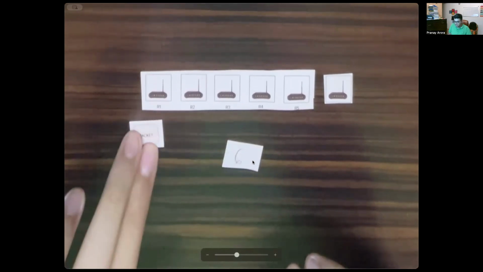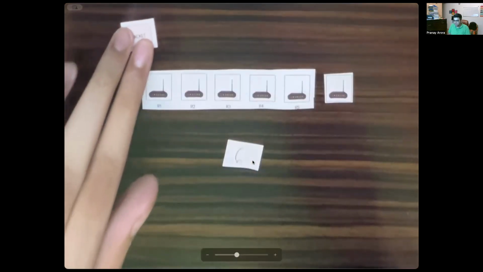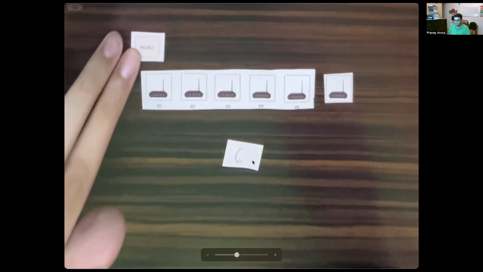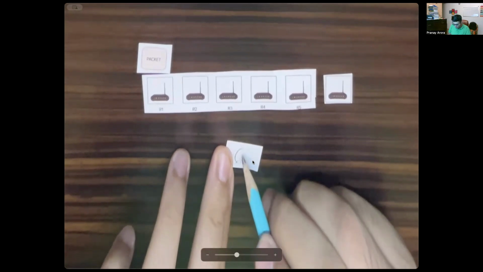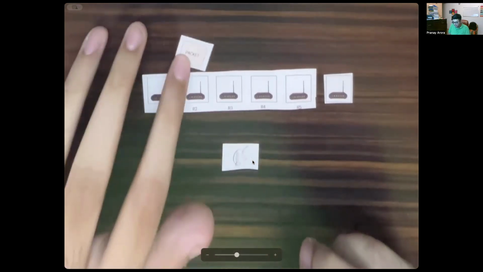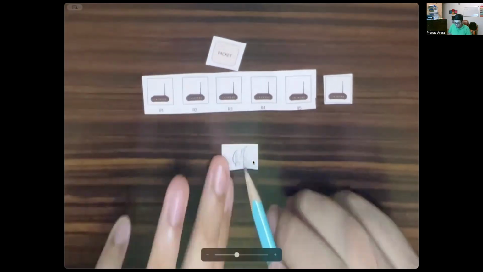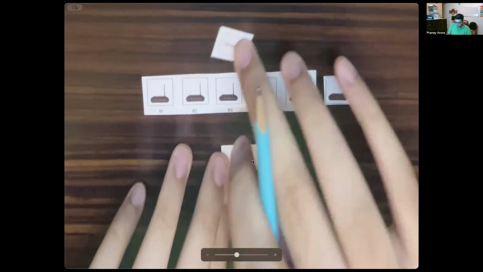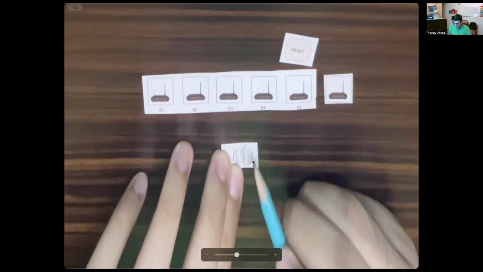But suppose this packet is lost and it is going through random routers. As soon as it reaches a router, I will subtract from this hop value. So suppose it reached the first router, I will reduce the hop value to 5. It reaches the second router, I will reduce the hop value to 4. It reaches the third router, I will reduce it to 3. It reaches the fourth, I will reduce it to 2. It reaches the fifth, I'll reduce it to 1.